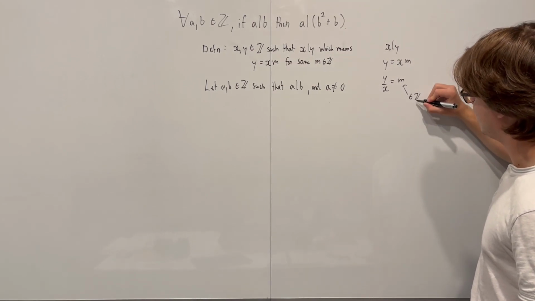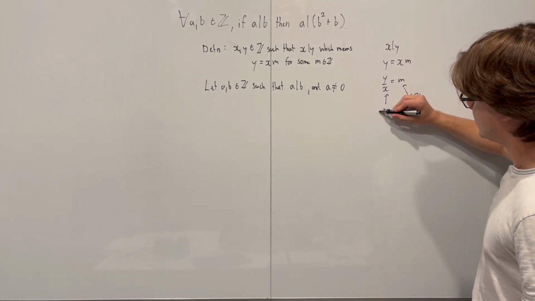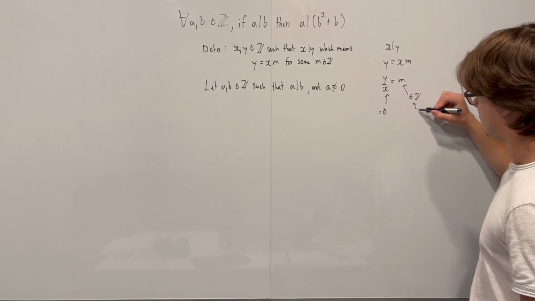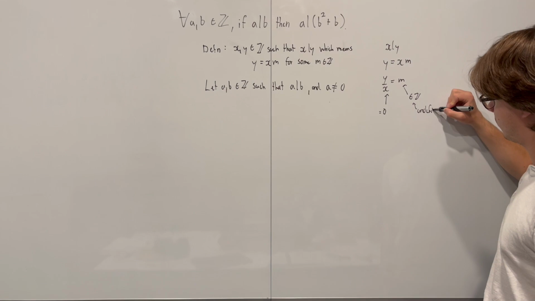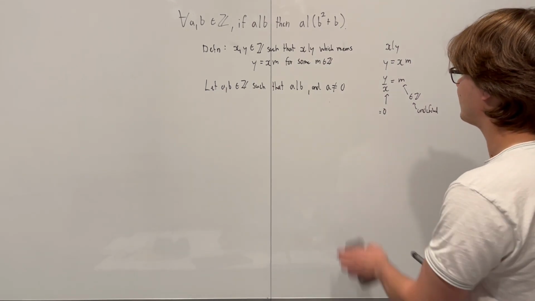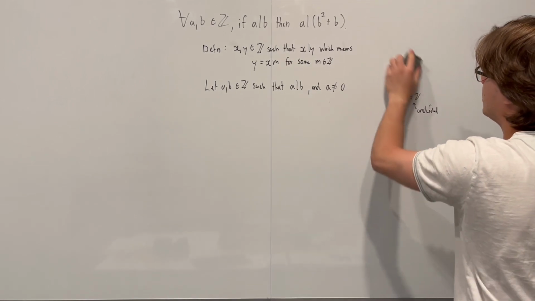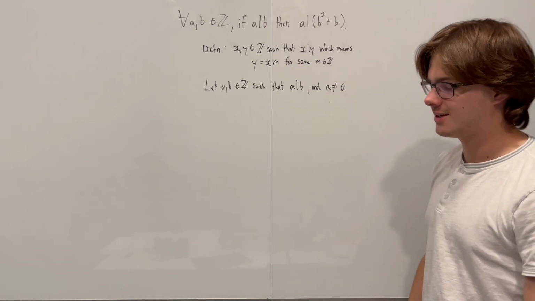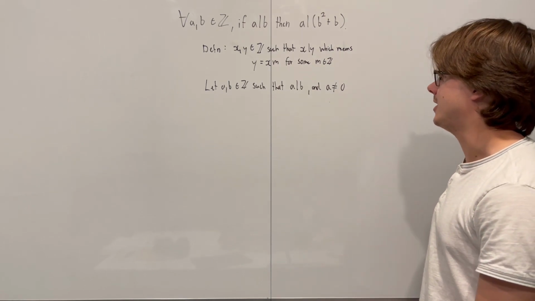This has to be an integer, but if x is 0, this would actually be undefined. So we always have to state in our divisibility proofs that what's on the left cannot be 0. It must be a non-zero integer.